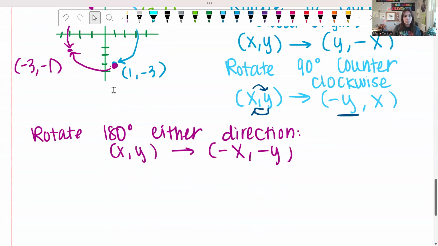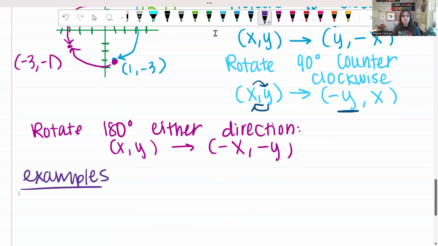All right, let's look at some examples. We're going to be 2 quick examples here.